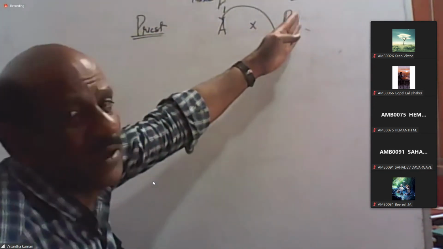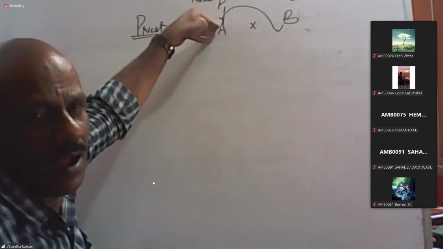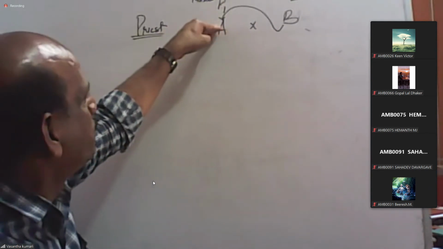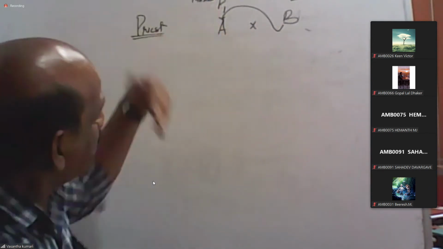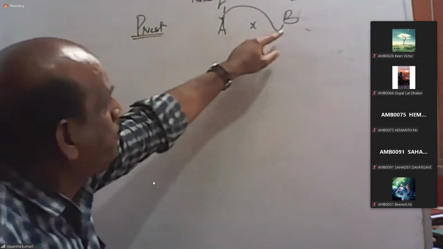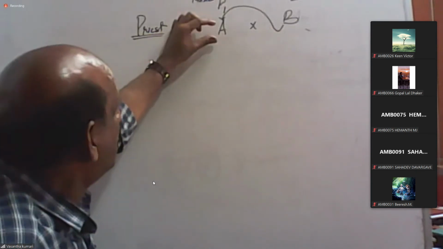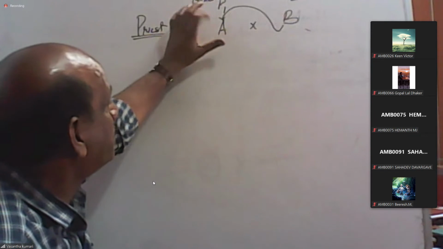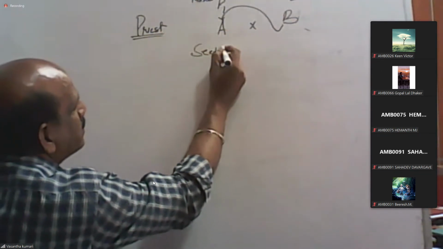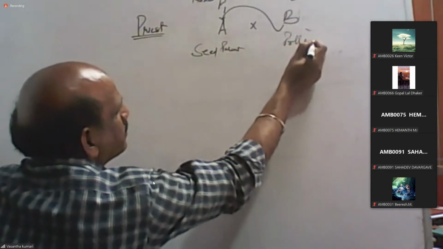You bring pollen from a desired male, pollinate the stigma. You have studied all this in cytogenetics. When you harvest seeds from this, you have allowed the pollen to fuse with the eggs here. Hybrid seeds are formed on the female parent. That is why this is called the seed parent. And this is called the pollen parent.